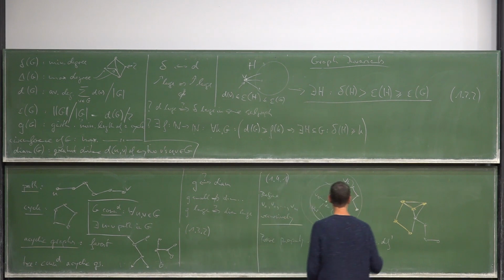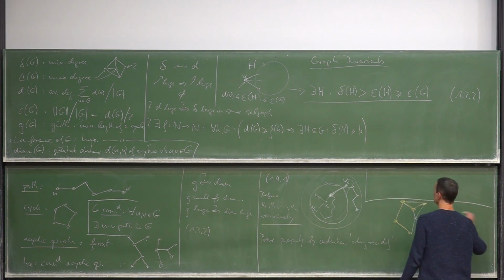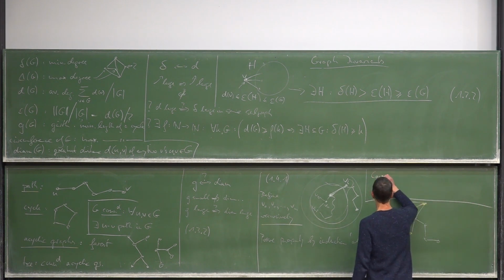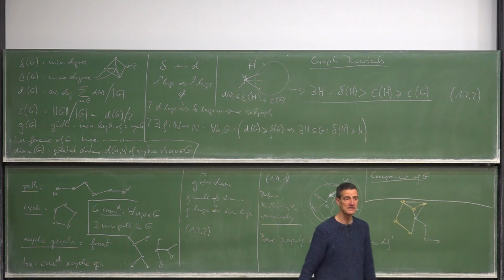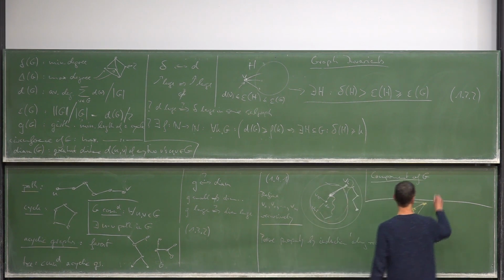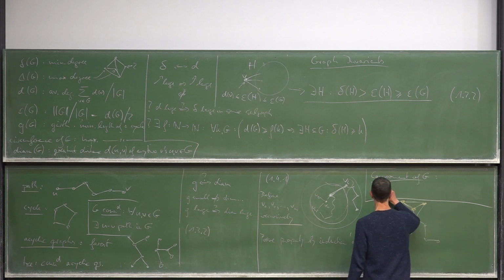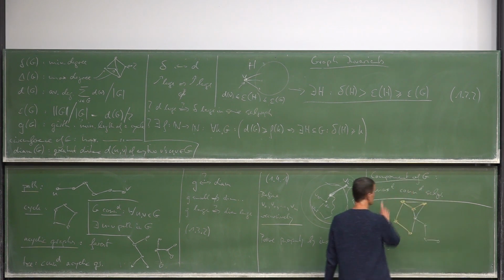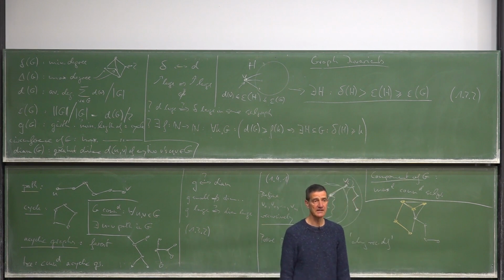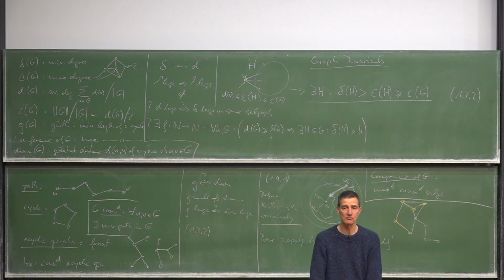One more definition, and that is that of a component. A component of a graph G is a maximal connected subgraph. When I say maximal, and I don't say anything else, I mean maximal with respect to the partial ordering subgraph.